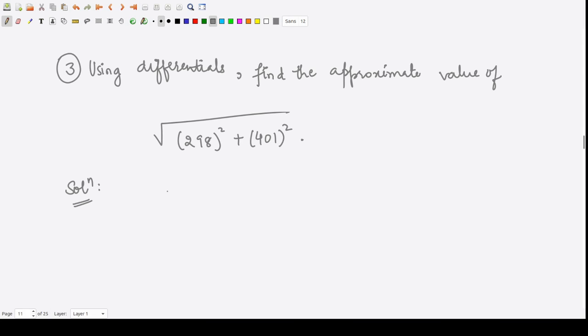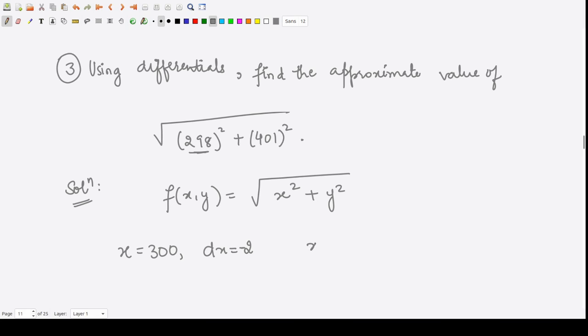For that, we can assume some function f of x, y which looks similar to this one. So we can assume this to be the square root of some variable x squared plus some variable y squared. Because 298 is very close to 300, we can assume our x to be 300 and dx to be minus 2, so that x plus dx becomes 300 minus 2, that becomes 298 as required.